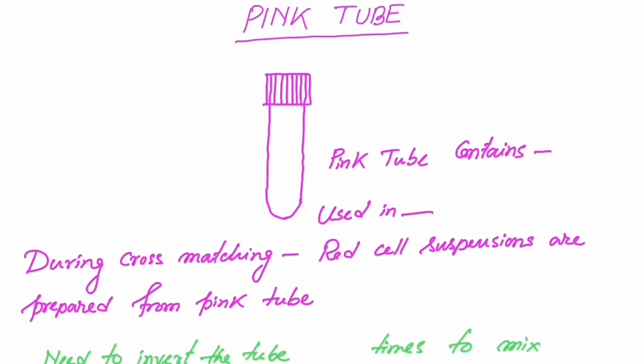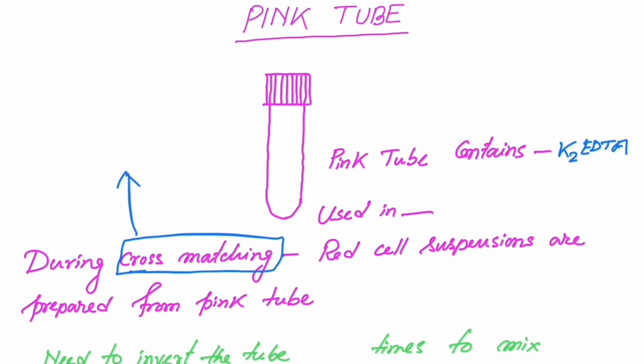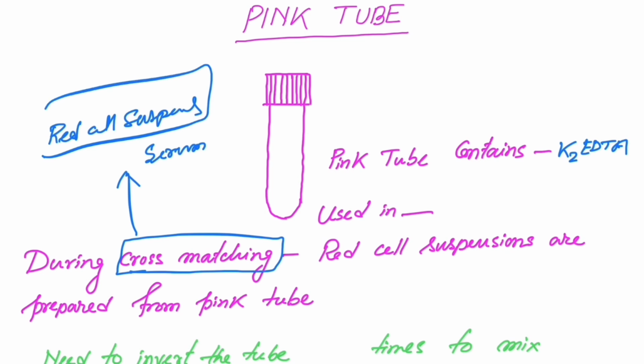The next tube I'm going to talk about is the pink tube. Pink tube contains K2EDTA. The pink tube is specially used in the blood bank during cross-matching. During cross-matching you need two things: one is red cell suspension, and on the other side you need serum.